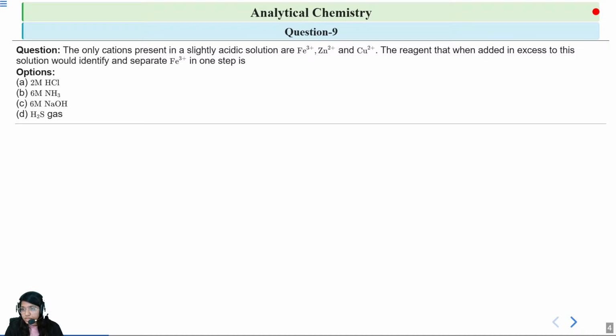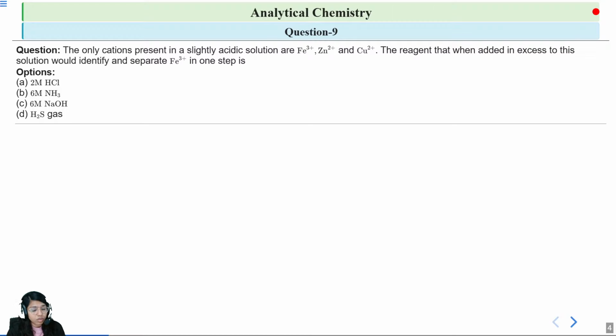In a slightly acidic solution containing only Fe3+, Zn2+ and Cu2+ cations, that is ferric ions, Zn2+ ions and copper 2+ ions, which reagent when added in excess would allow for the identification and separation of Fe3+ in a single step. So we have four options here: A, 2 molar HCl, B, 6 molar NH3, C, 6 molar NaOH, or D, H2S gas.